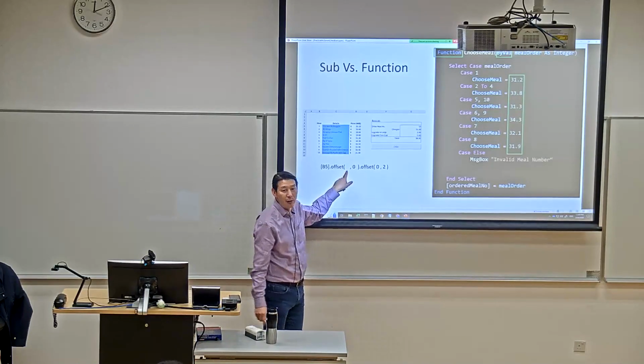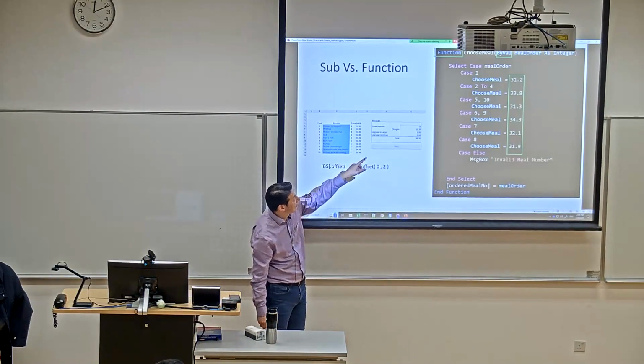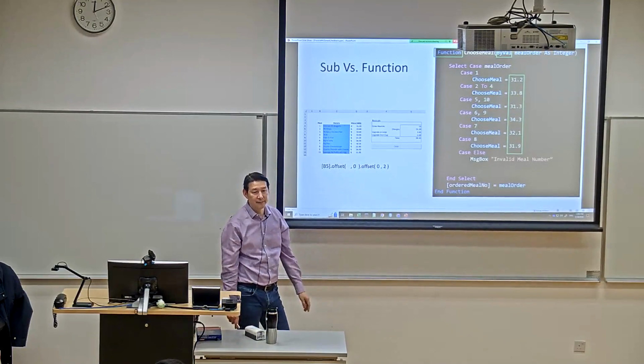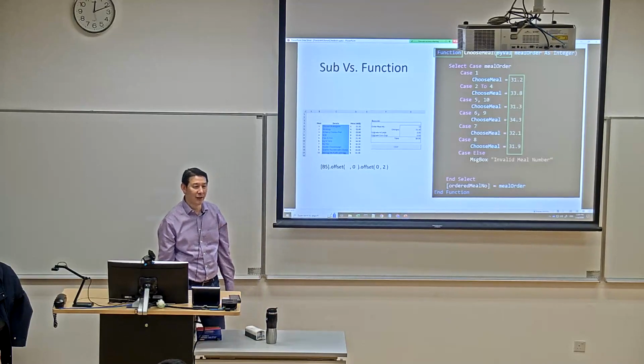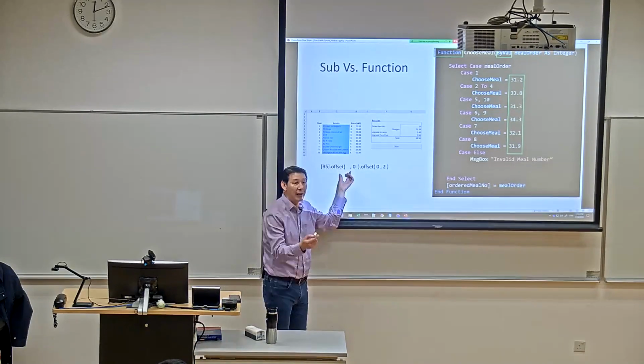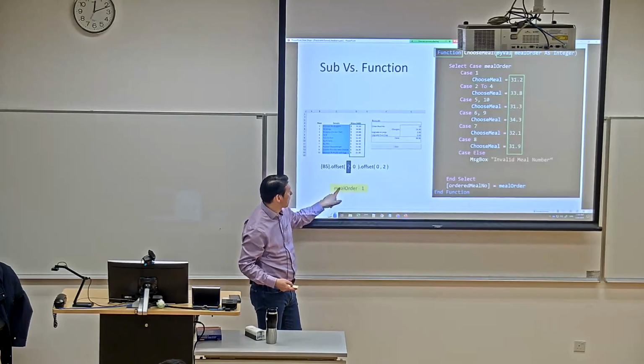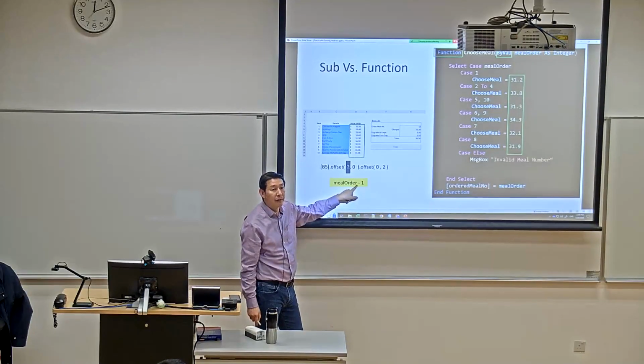You are going to use the meal number variable, the meal order. Definitely it has to be a number, and it has something to do with the meal number: meal number minus 1.